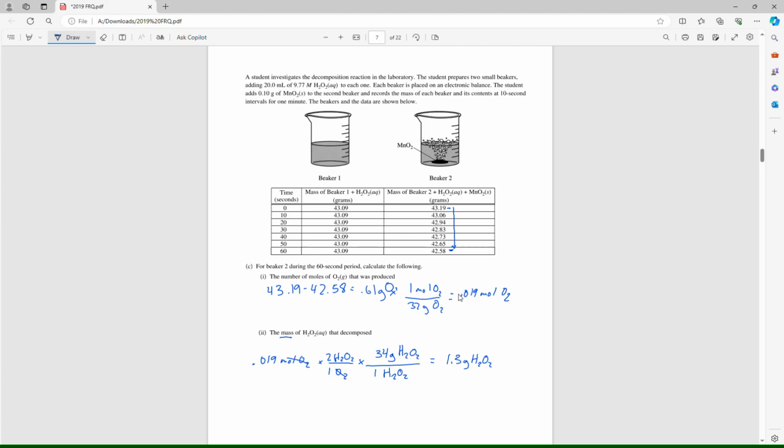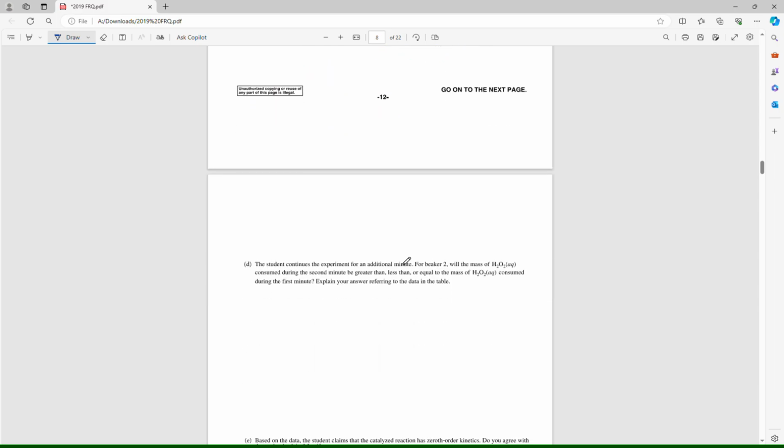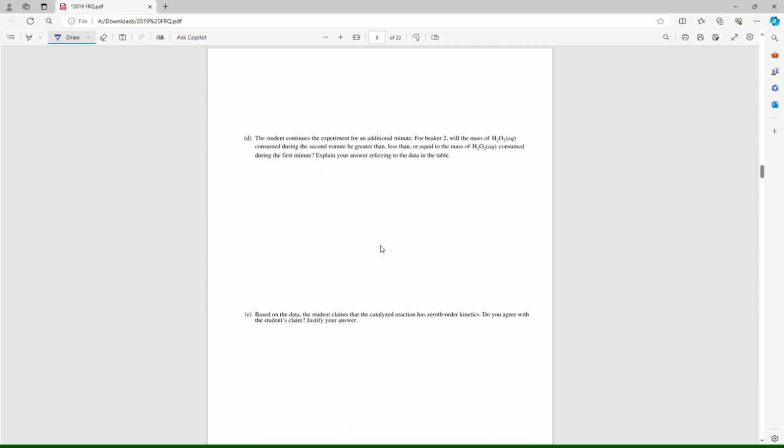Here and here, we're losing 0.11. 0.10 is lost here. 0.8 lost here. 0.7 lost here. So we went from losing 0.15 grams to losing just 0.7. And that trend will continue. So that's what you would say. It would be less because we're losing less and less mass as the reaction proceeds.